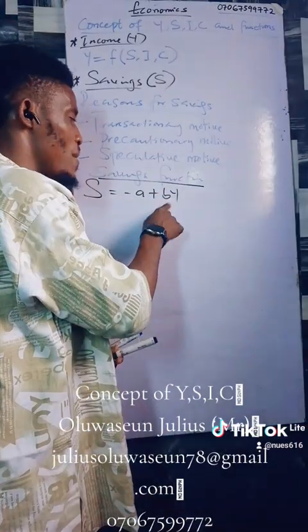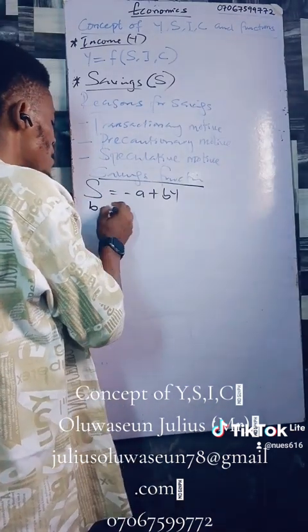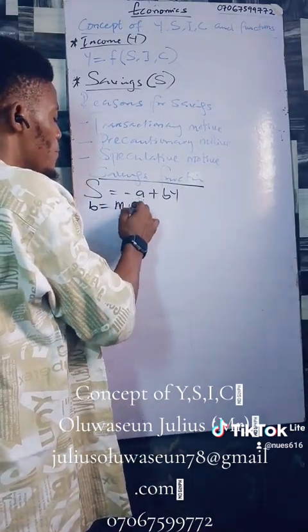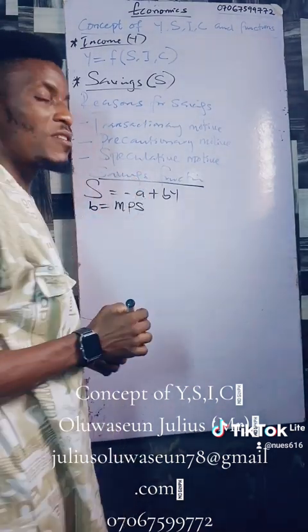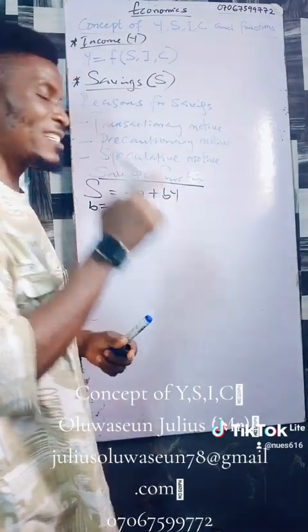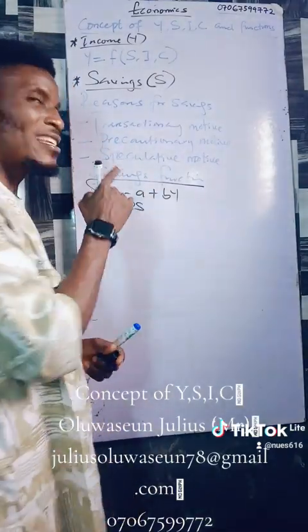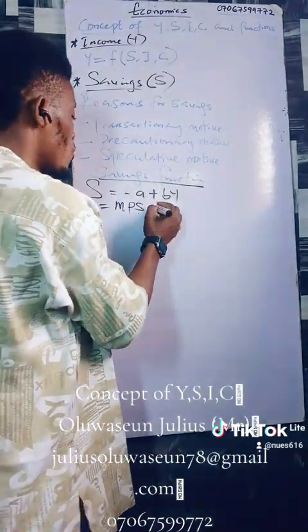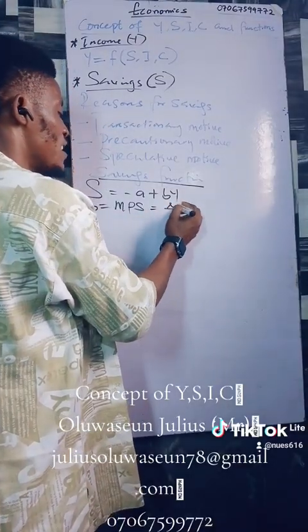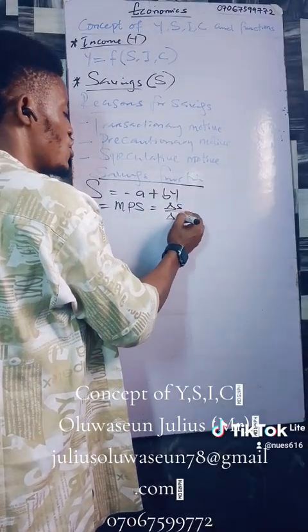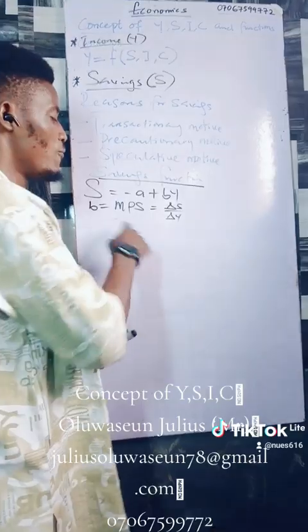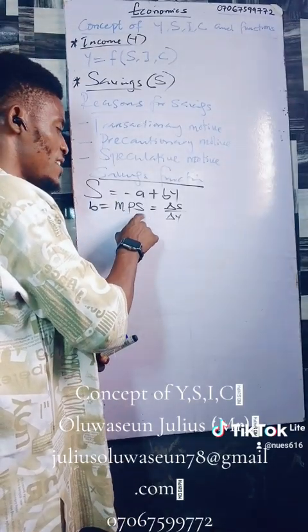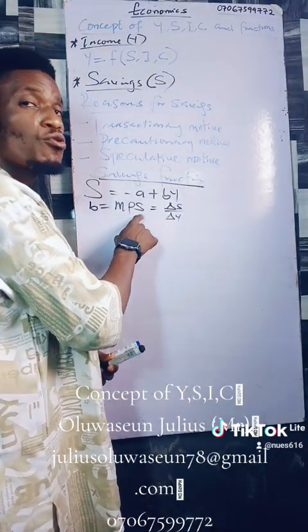And we also have our B, which implies marginal propensity to save. There is the tendency or the chances to save by an individual, which we can write as change in S all over change in Y. This is the model for our MPS, marginal propensity to save.